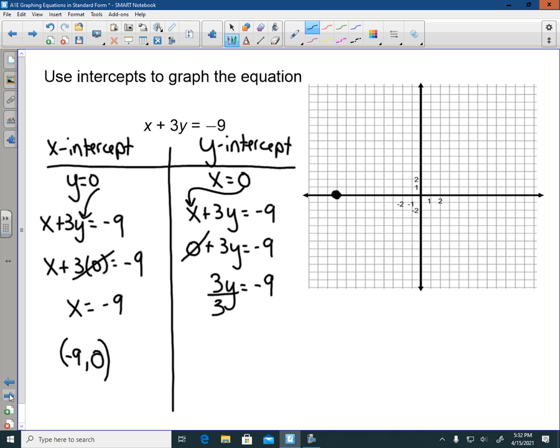Divide both sides by 3, and y equals -9 divided by 3, or -3. And so when x is 0, y is -3. And we have the point, x is 0, y is -3. Done. So we'll put that on our graph. 0, -1, 2, 3, right here. And now all we have to do is connect them.